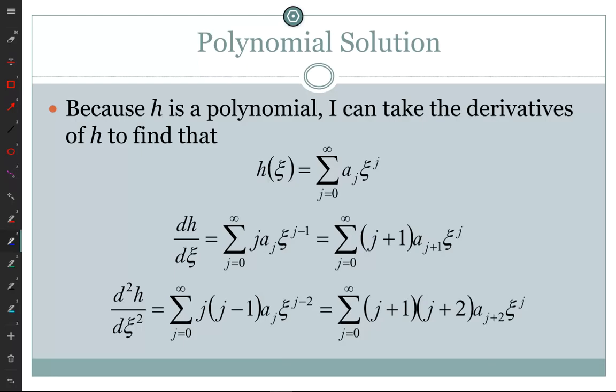And now comes the next tricky step. How in the world do we go from here to here? How is that even possible, you ask? Well, I like to introduce an intermediate variable. I say, let's let j equal k plus 1.